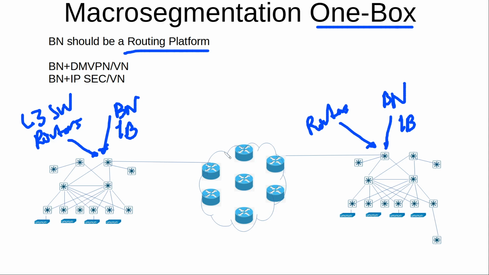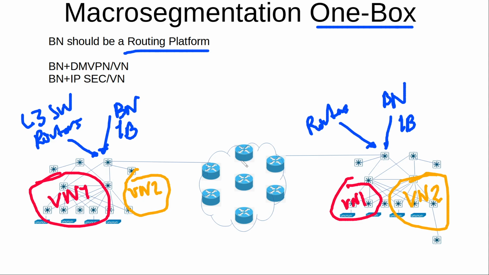So for instance, if we had two virtual networks at each site, then if I went through the one-box approach, at the border node, I will create, for instance, one IPsec tunnel, and this IPsec tunnel will be used in order to communicate these virtual networks together, or to each other.